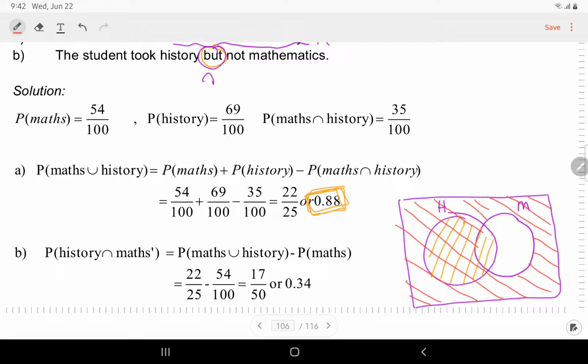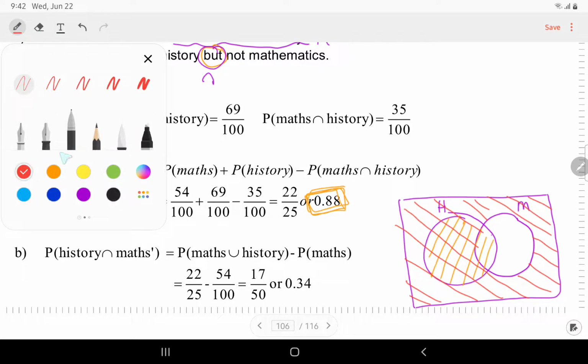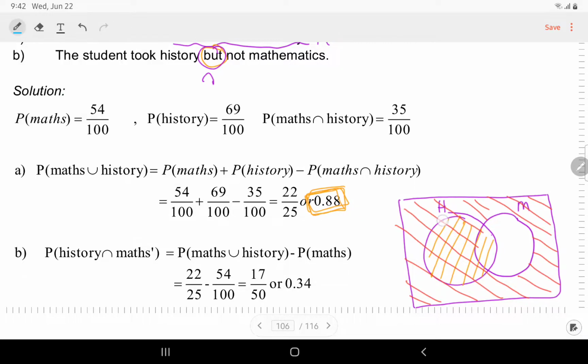Kat mana region yang ada orange dan red? So tengok betul-betul region yang mana yang ada dua-dua color di sini. Region yang dekat sini ada both color red and orange. Okay, so maksudnya soalan ni dia suruh kita cari probability dekat region yang dekat sini, yang saya dah colourkan biru ni. Okay, macam mana nak dapat ni?